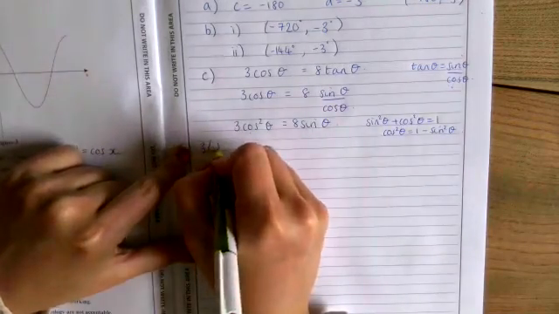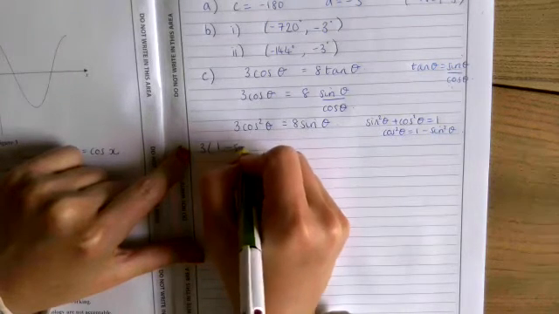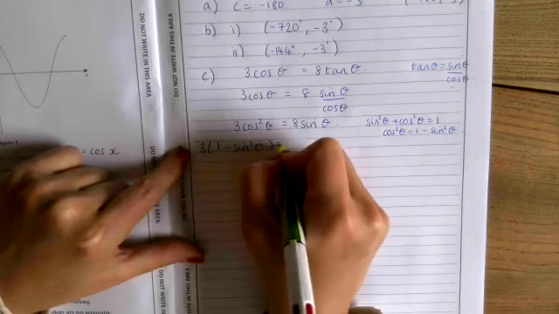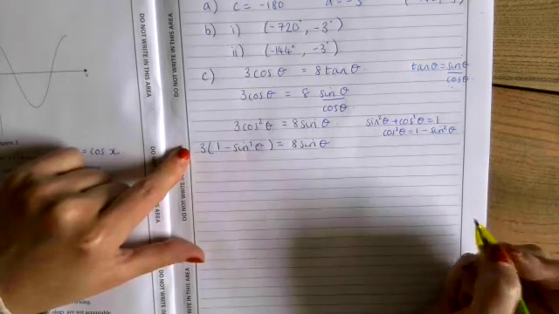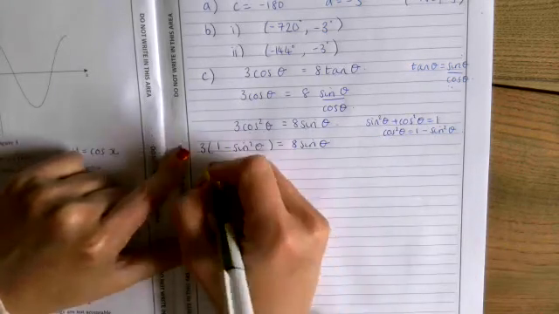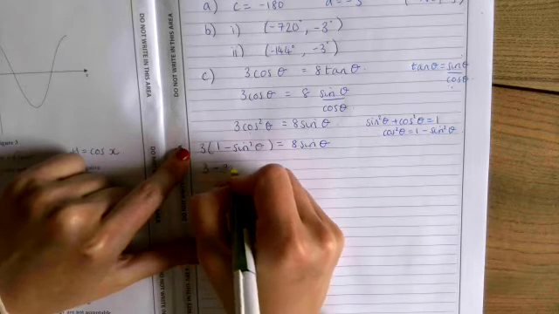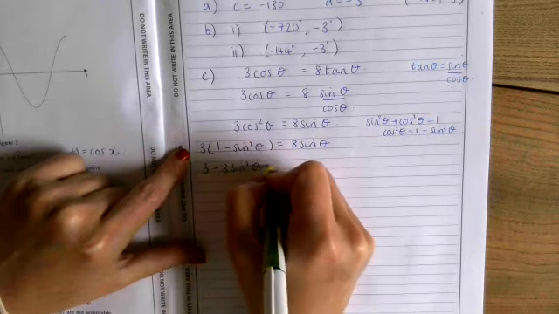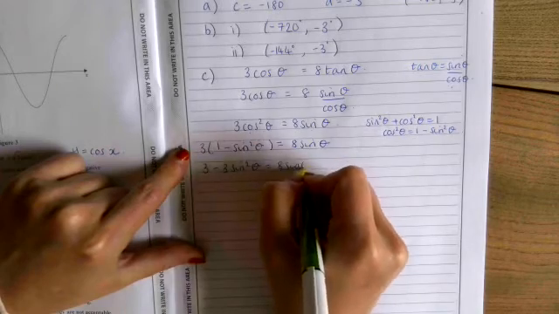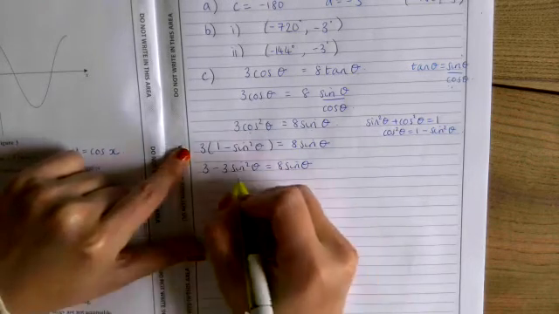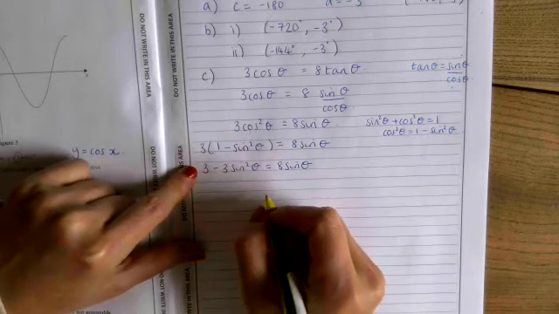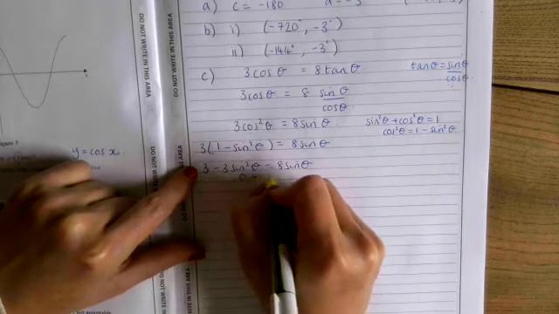So 3 times 1 minus sine squared theta is equal to 8 sine theta. Let's expand this left-hand side. And we've got a quadratic. So let's take it all to one side to make it equal to 0.